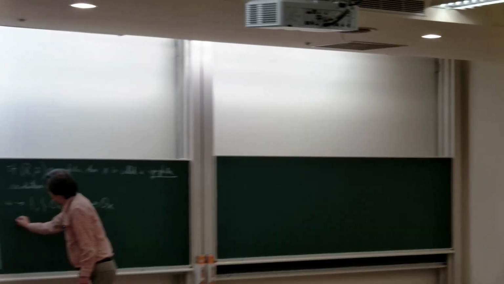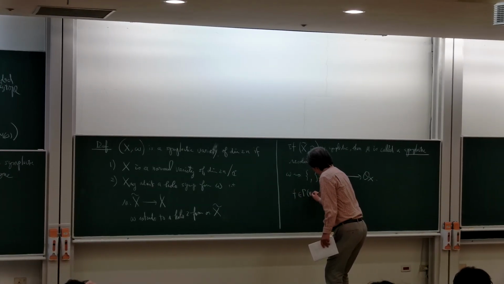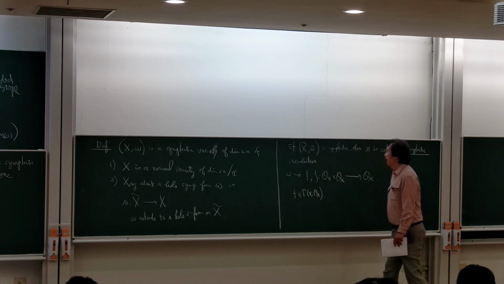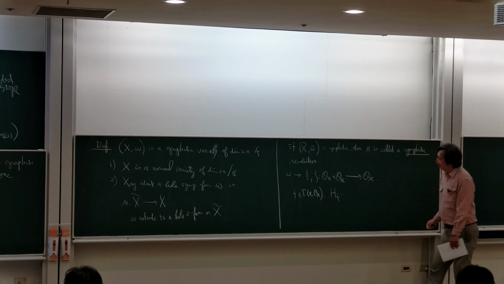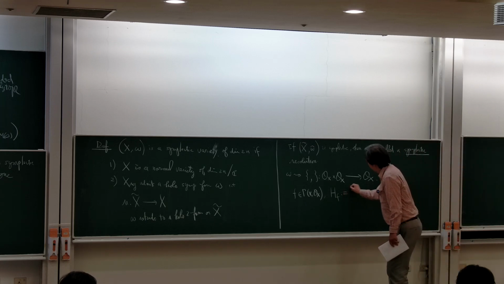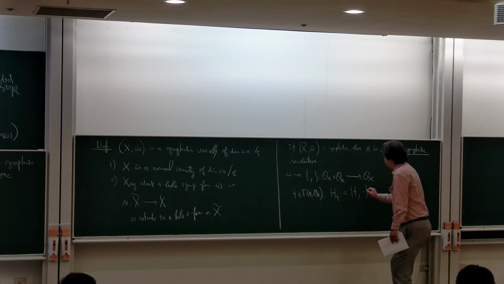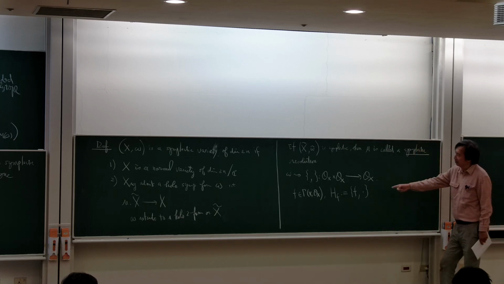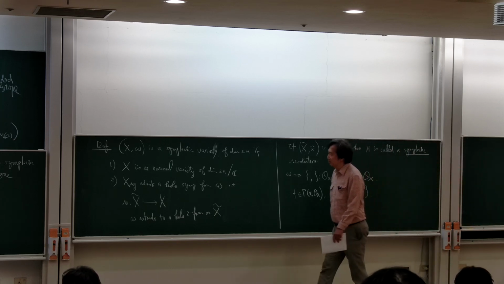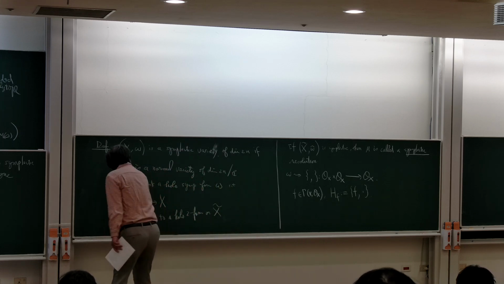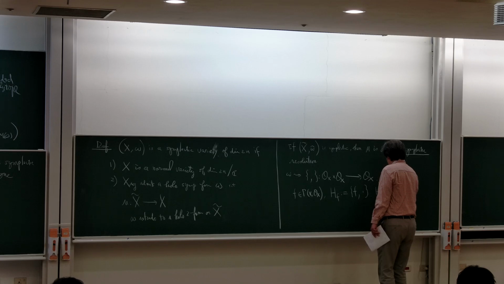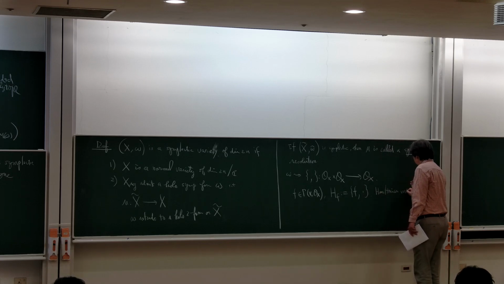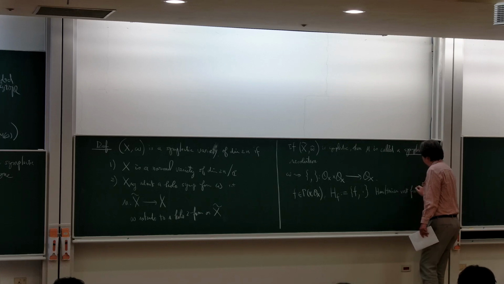And for a function on X, let me define the Hamiltonian vector field just by this. This is a derivation, and the derivation is considered as a vector field on X. Yes, this is the Hamiltonian vector field.